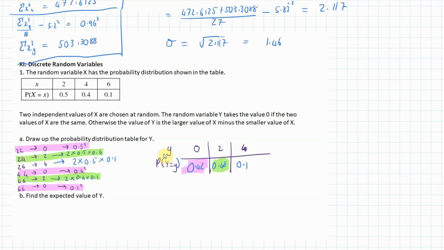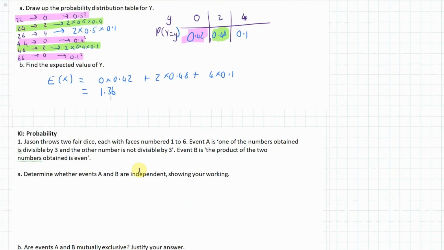So E(X) is equal to 0 times 0.42 plus 2 times 0.48 plus 4 times 0.1 equals, and when we add these all up, I was getting 1.36 before.